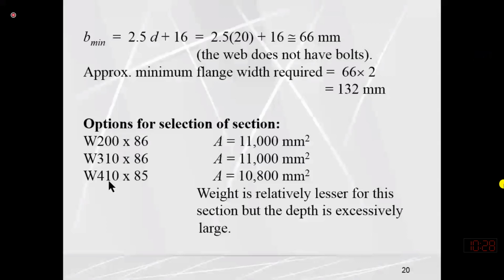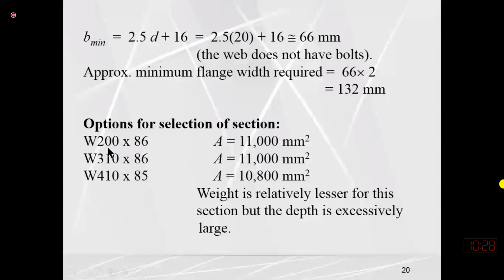And also there is no difference between the weights of the sections, maybe only 1 kilogram. So anyhow, you may select this, but if the difference of weight in trial sections is not great, then in case of a tension member there is no problem of stability. So always try to select a section which has the lowest depth.